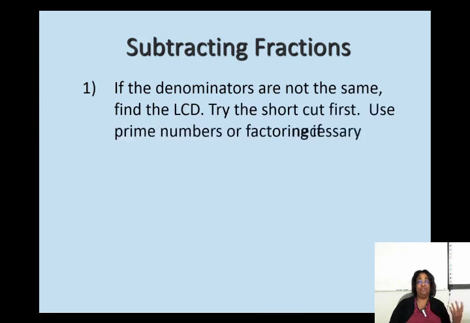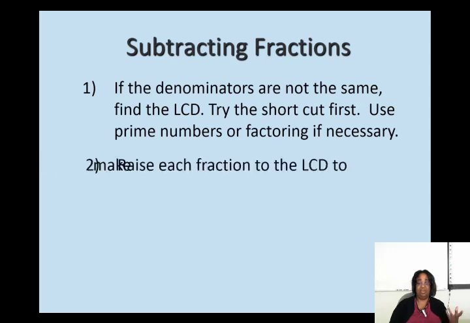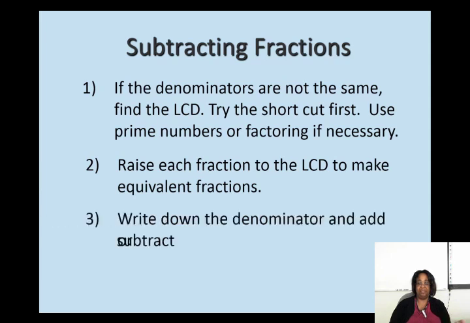So let's go over the rules again. If the denominators are not the same, I have to find an LCD using the least common multiple factors. There are other ways you can find the LCD, but I find that the factor list is just as easy as anything else. After you know what your LCD is going to be, you raise each fraction to the equivalence of that same denominator using multiplication.